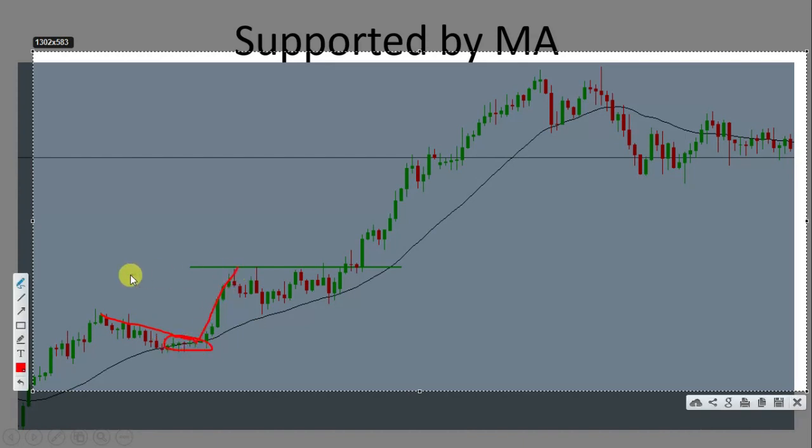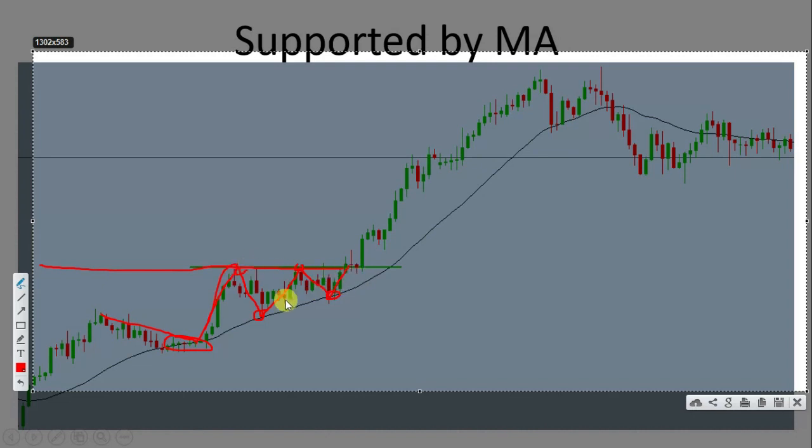And again, see, this might be a level on the left side, that is why it went up and got support by the moving average, again went up, again got support by the moving average. But in this area the market was unable to make a new high, maybe because of a strong level on the left side. But when the market is getting support in this area, it is just making buyers' entry.